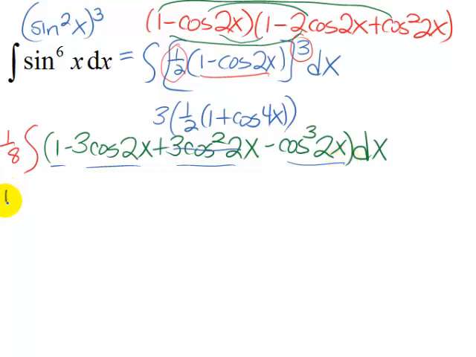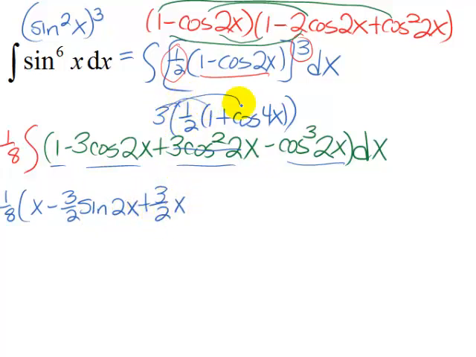So let's write down what we've got. We've got 1/8. We can go ahead and integrate there and get x. Integrate here and get minus 3/2 sine 2x. Looking here, we would have a 3/2, so that's going to be plus 3/2 x, and here we'd have a 3/2 cosine 4x, so integrating that, that would be 3/8 sine 4x.